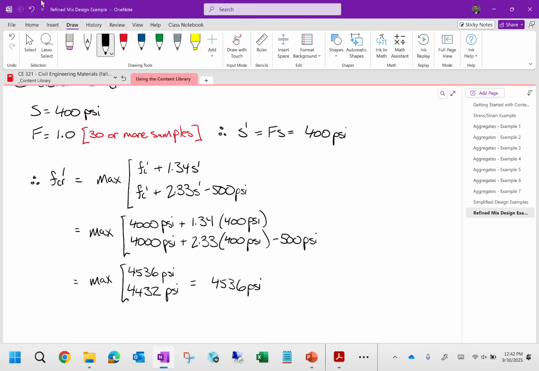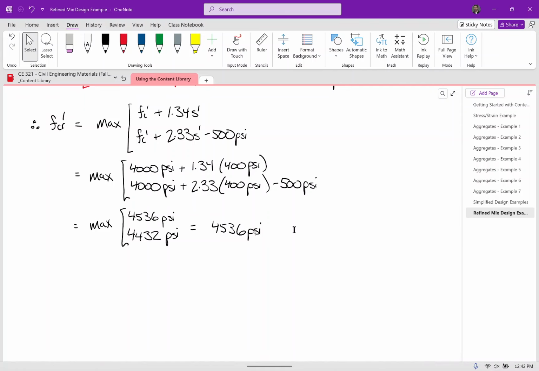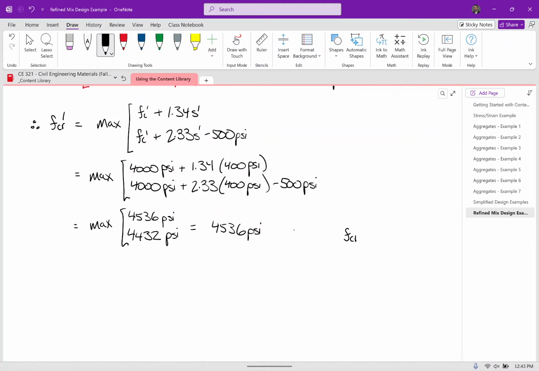So I want you all to get into the habit of this with this process because this process is big. There's a lot of steps. At the end of step 1, we get a value. That value is FCR prime.